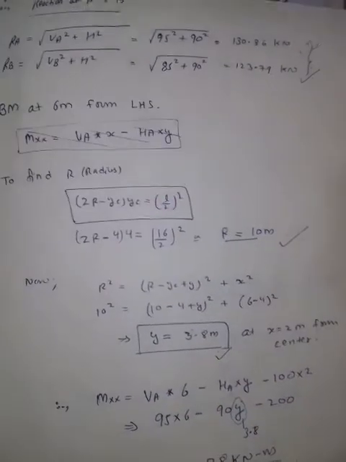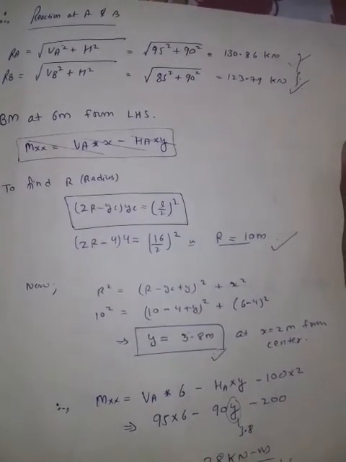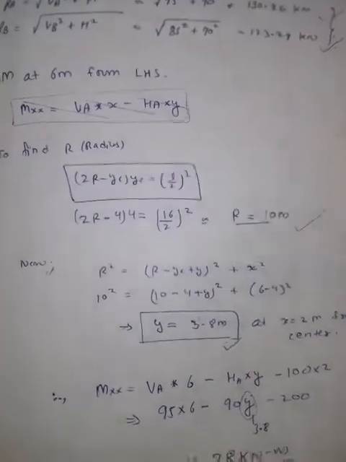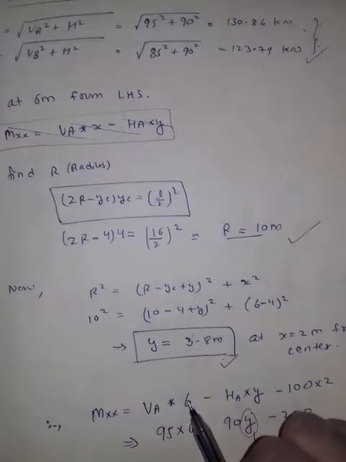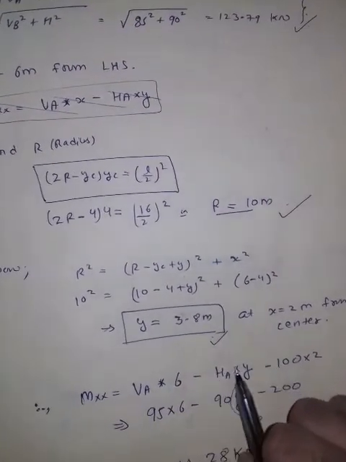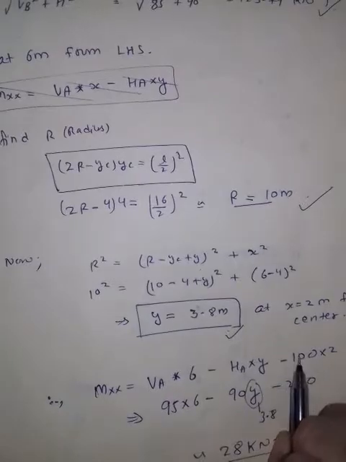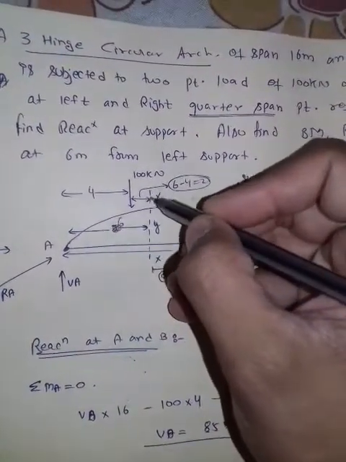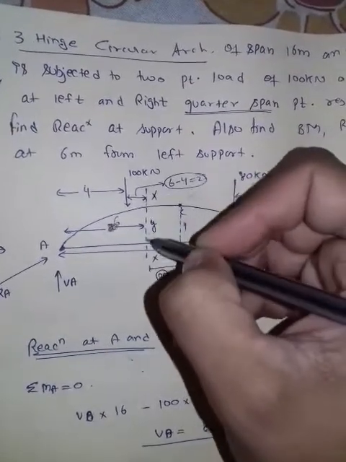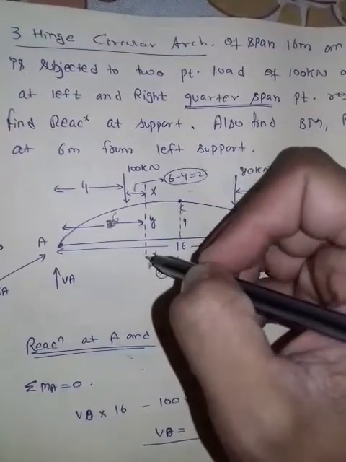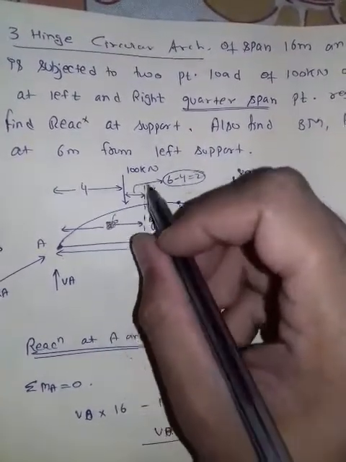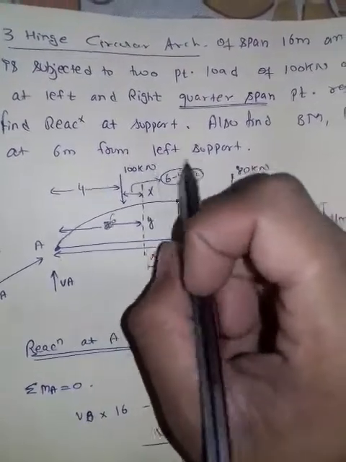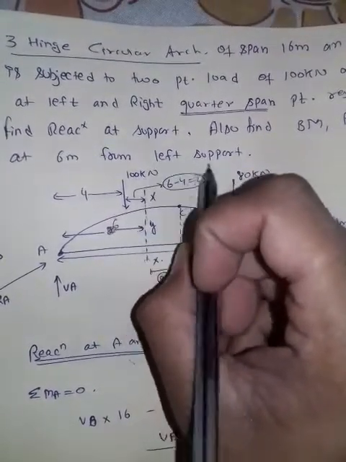So now the equation for the maximum bending moment is VA multiplied by 6 minus H into y minus 100 multiplied by 2. I am considering this XX section, and taking the moment on the left hand side part, because we have to calculate the bending moment at the left hand side part.